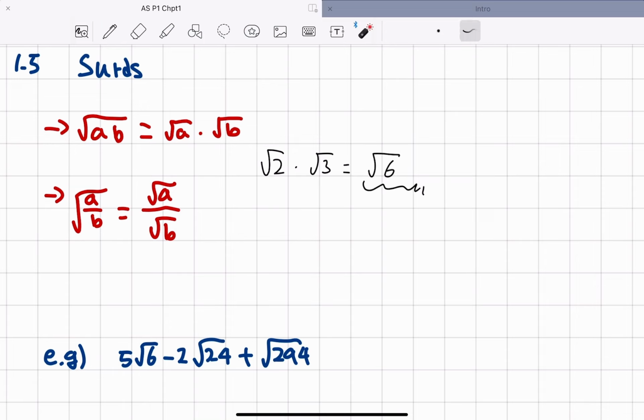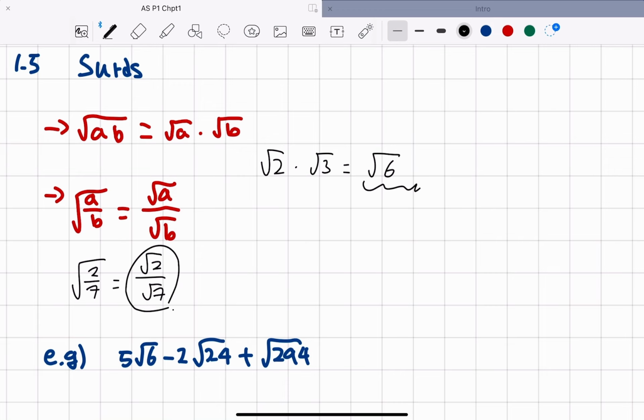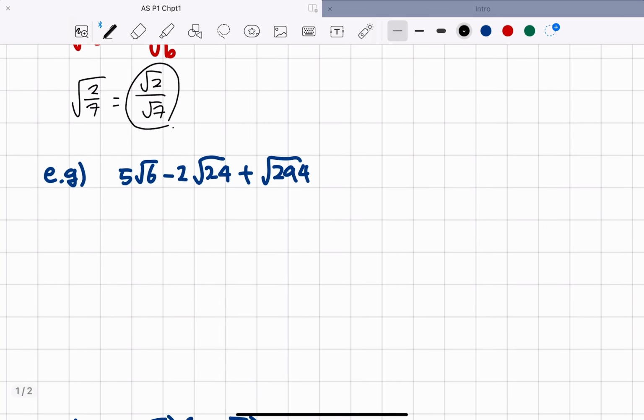This one as well: the square root of a over b equals the square root of a over the square root of b. So the square root of 2 over 7 we can just write as the square root of 2 over the square root of 7. This is a bit simple, so let's move on to the example.